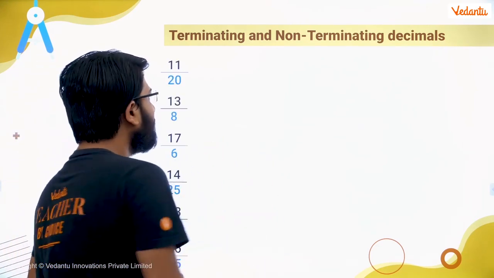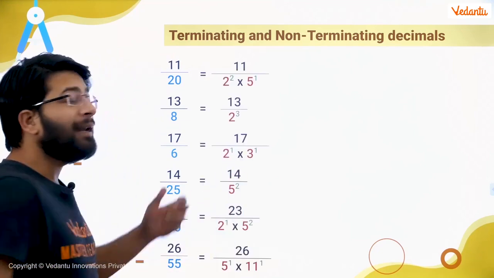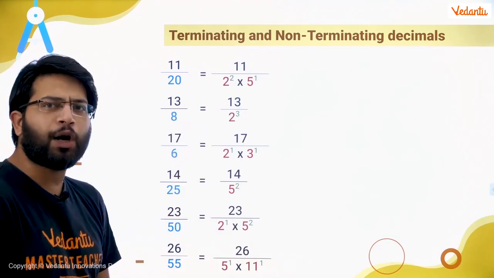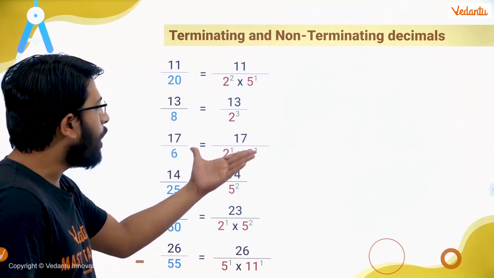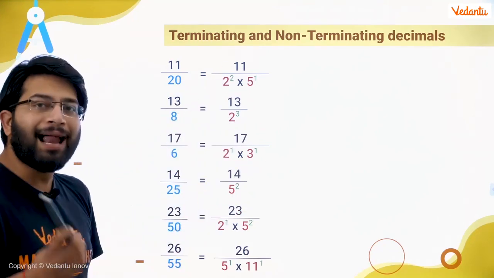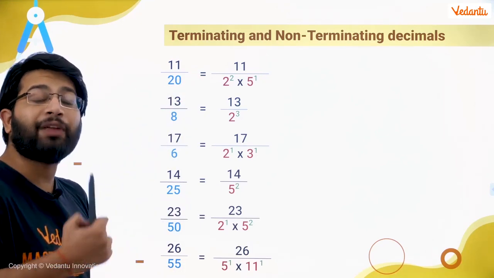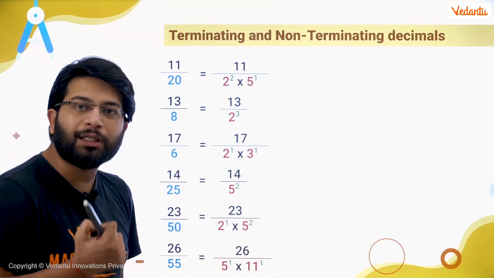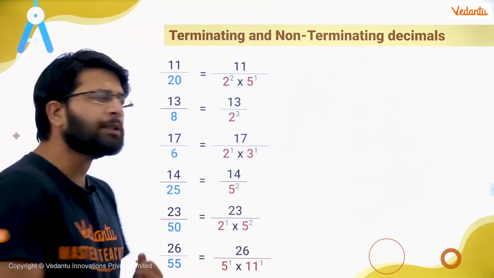Let's see. So champ, let's say we have some fractions, and let's do the prime factorization of every denominator. After the prime factorization of every denominator, let's figure out which of these fractions have a terminating decimal expansion and which have a non-terminating decimal expansion.